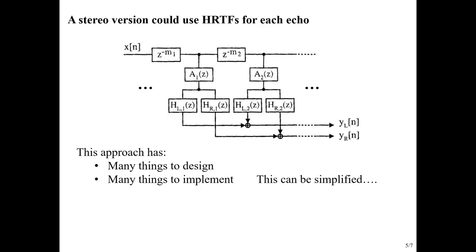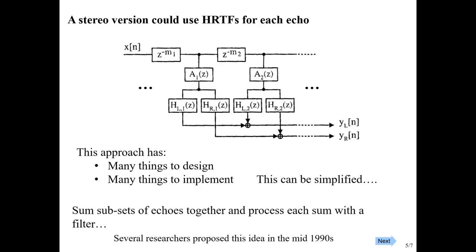And so we might want to think about simplifying that. And so one way that people have done this, a bunch of people have talked about this in the mid-1990s, is that instead of having every one of these different delay points have a filter and different head-related transfer functions, we simply say, well, there's going to be a subset. So maybe we've got some other ones coming along here. And maybe we'll say this one and this one.